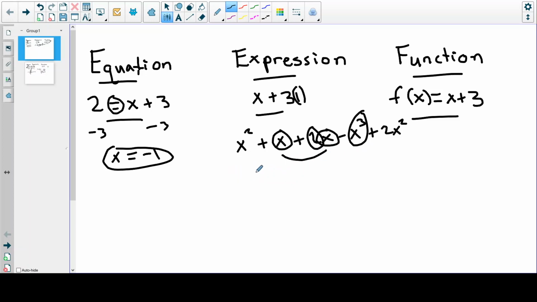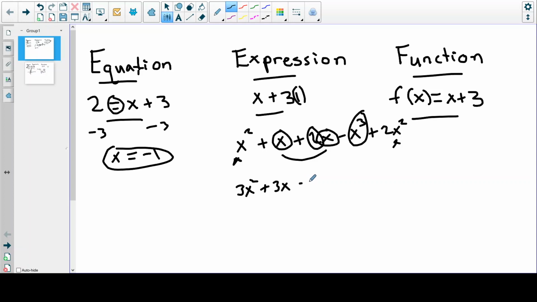So then this simplified expression is going to be, you're going to add the x squared terms here. You're going to get 3x squared. And then you're going to add the x terms, which is going to be plus 3x.